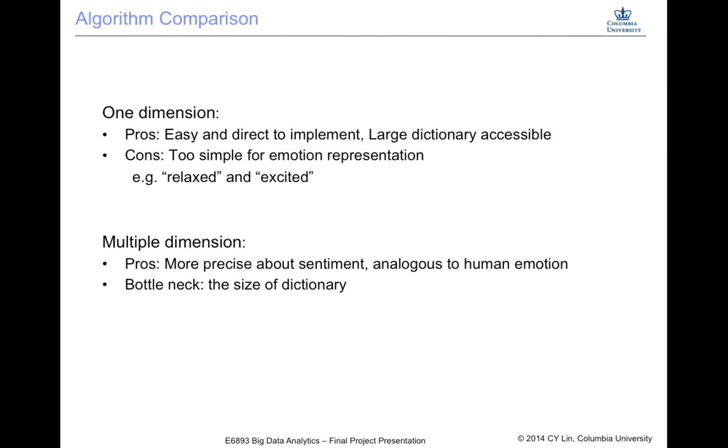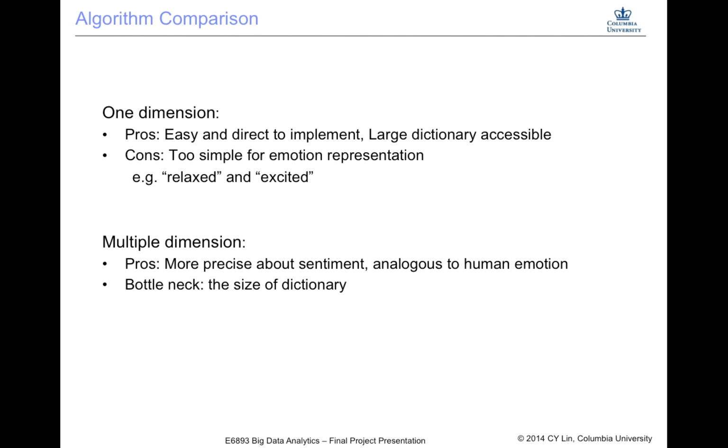Here we want to do a simple algorithm comparison between the one-dimension analysis and multiple-dimension analysis. For the one-dimension analysis, the advantage is that it's easy and quick to implement. And since one-dimension sentiment analysis has been developed for many years, we can get access to a very large dictionary.